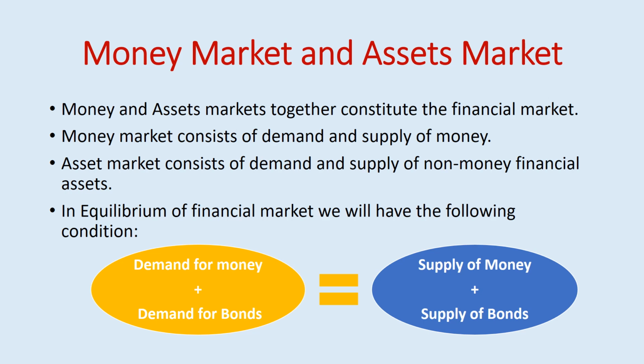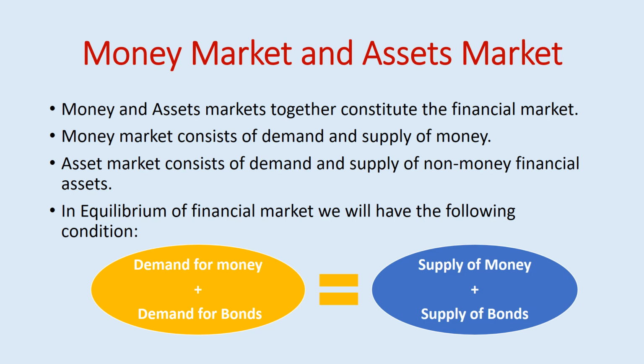So the overall financial market consists of bonds, securities, fixed deposits, and many other varieties of financial instruments which are bought and sold to gain a certain return. Let us say that in a very simplified financial market we have the money market, and in the non-money financial assets market we have only the bond market.